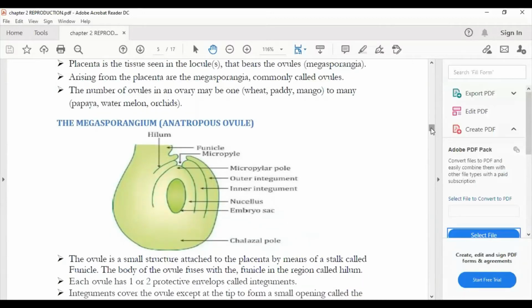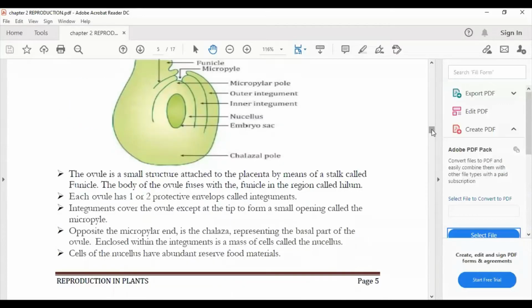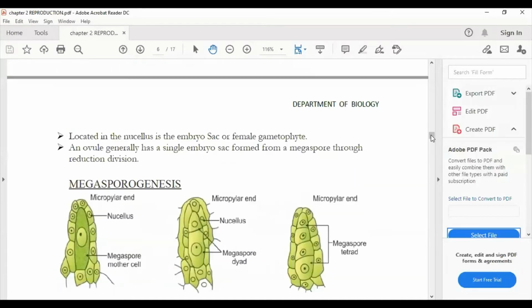In the examination, for 3 marks, this diagram can be asked as draw an anatropous ovule or microsporangium. There are different ways a question can be framed. Make sure you study all these definitions about the ovule, because if it is asked for 5 marks, then you are supposed to draw for 3 marks and write the explanations for 2 marks.